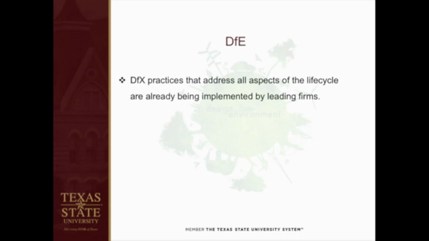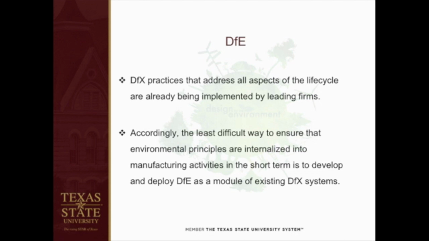Now, how do we implement design for environment? Many of the DFX, like design for assembly, design for manufacture, design for service, etc., are currently being implemented in many organizations. And so the easiest form of seamlessly including DFE is to make DFE a part of the company-wide DFX approach.